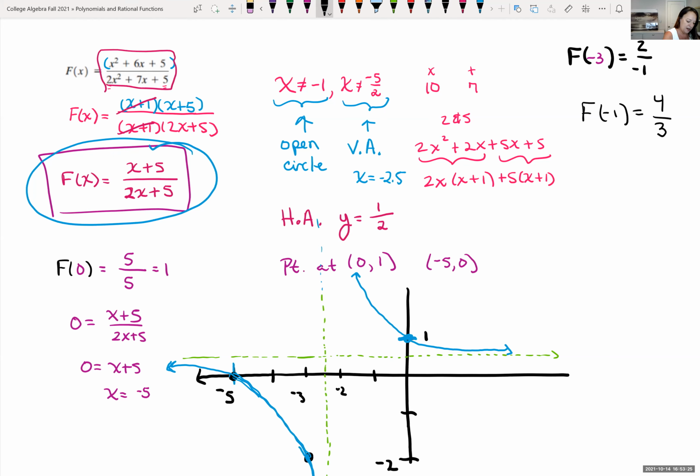So at negative 1, I have positive 4/3. So 1 1/3. So let's just say about right here. We have that open circle.